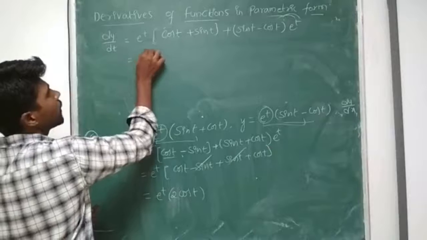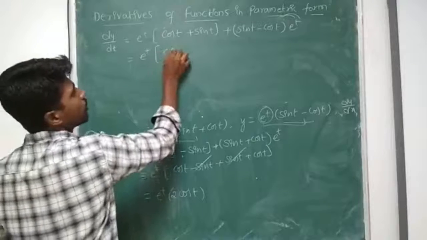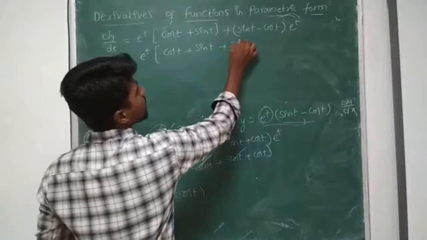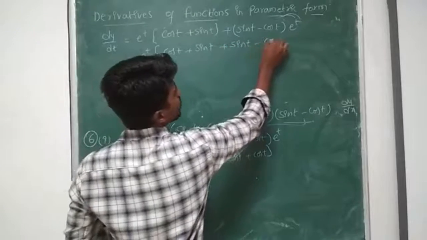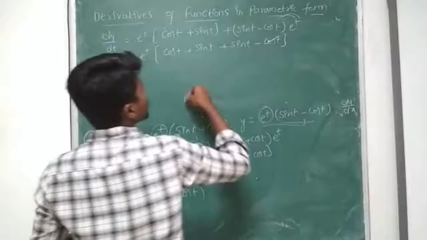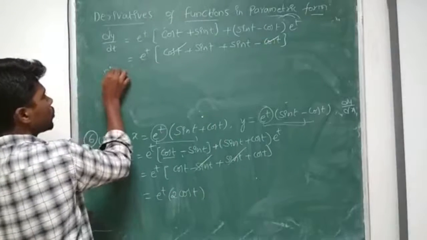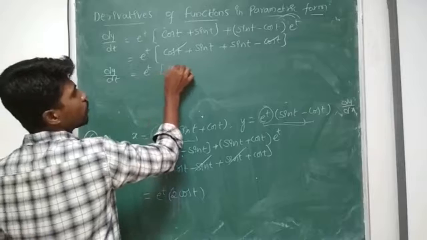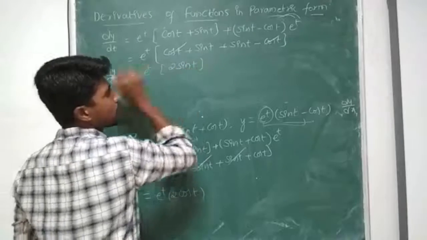Take e power t common: e power t into cos t plus sin t plus sin t minus cos t. Cos t and minus cos t cancel. So dy by dt equals e power t into 2 sin t.